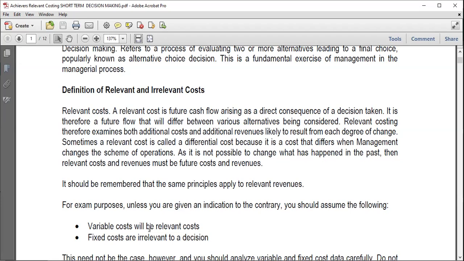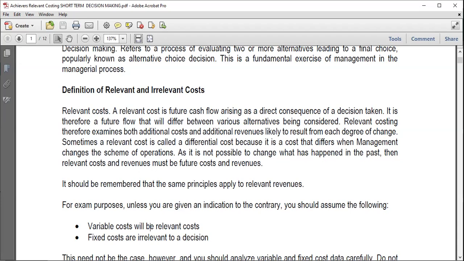So when we are making a decision, for example, around a special order price, ours is to focus on what are those costs that will change when we make a decision in this case. You get it?